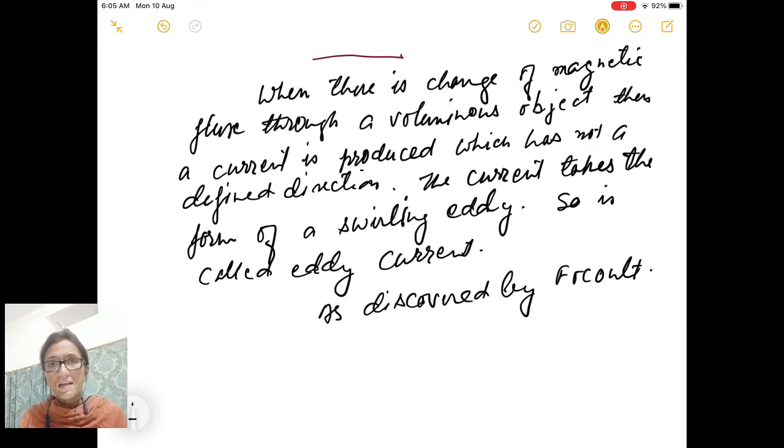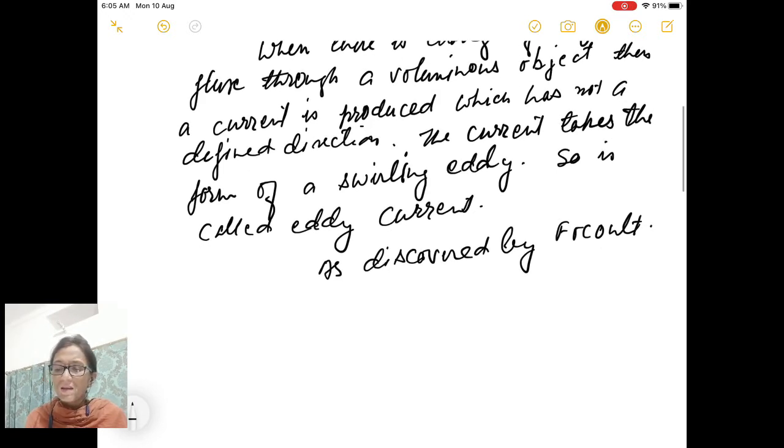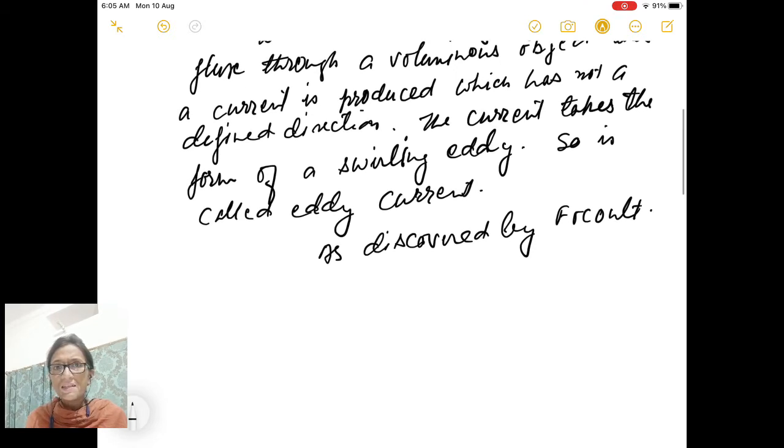Now this eddy current has great disadvantages. Suppose you have a core in any coil, in a transformer or any electrical motor, and an eddy current is generated. Then it will be disadvantageous in two ways.